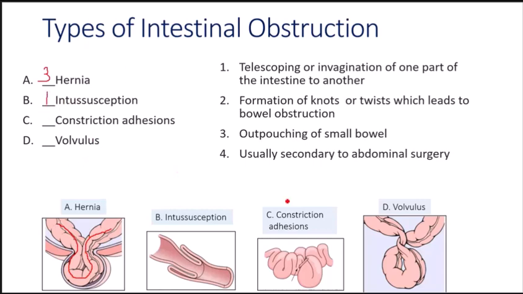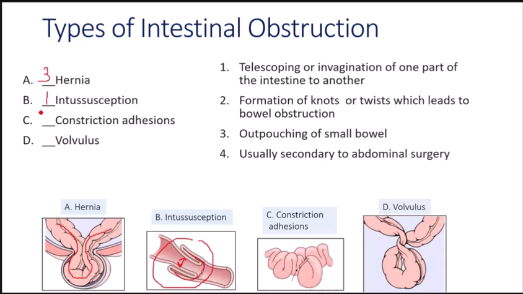Intussusception is the telescoping or invagination of one part of an intestine into another. So we can see that occurring here. And now we have a narrowed lumen for food to move through, and also the potential of food to get stuck where the intussusception has occurred.